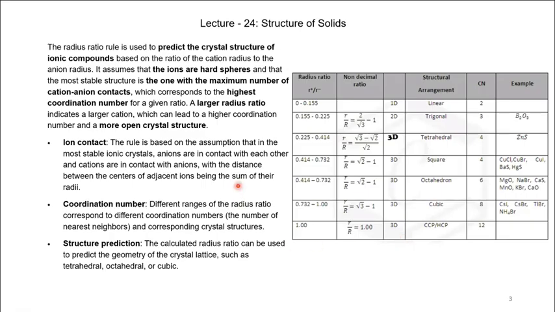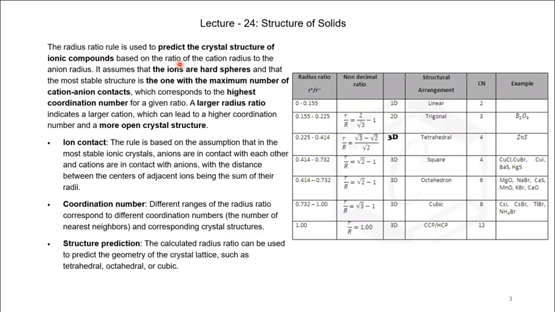Well, we know that the term used is the radius ratio rule. What is the radius ratio rule? That rule can help us to predict the crystal structure of ionic compounds. And how do we get the ratio?